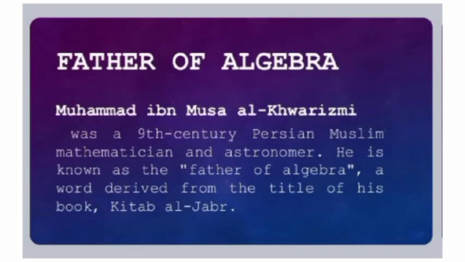Father of algebra, Muhammad ibn Musa al-Khwarizmi, was a 9th century Persian Muslim mathematician and astronomer. He is known as the father of algebra, a word derived from the title of his book Kitab al-Jabr.